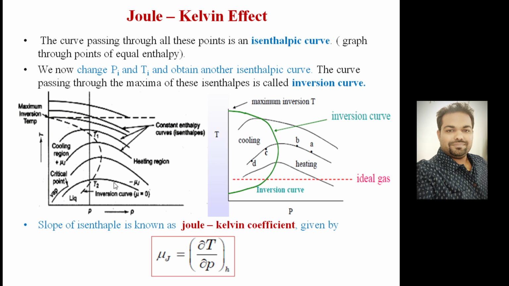If you find the slope on the temperature-pressure ordinate, that gives the Joule Kelvin coefficient. The Joule Kelvin coefficient is defined as the change in temperature per unit change in pressure when enthalpy is constant. So along any enthalpy curve, whatever slope you measure is called the Joule Kelvin coefficient.